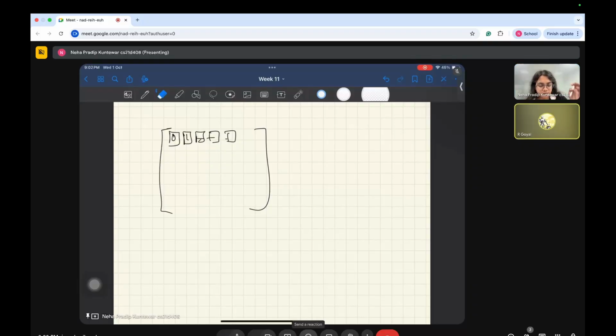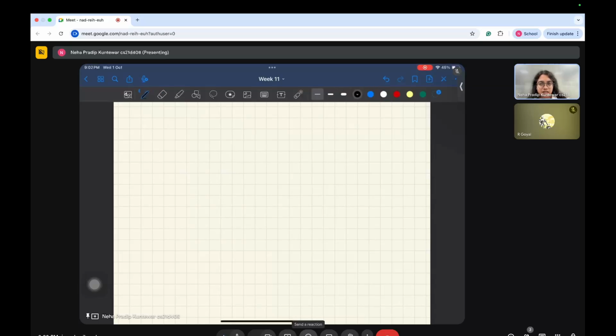Then we are trying to reduce the number of monochromatic rectangles. If we can cover this entire matrix by just two monochromatic rectangles, then the complexity would be at least one, only one. That basically means that there's just one bit of communication happening.